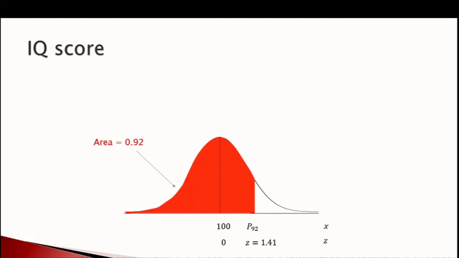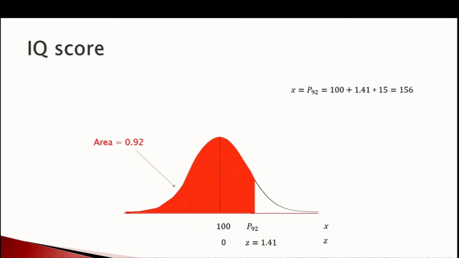If you remember the formula I presented to you associated with the second problem, from this z-score, you have to convert it back to x using this formula: x equals mu plus z times sigma. Mu here is 100, z is 1.41 that you just found, sigma is 15. So you substitute all of this, you will find 156.